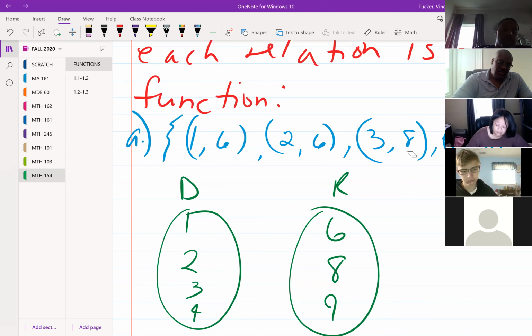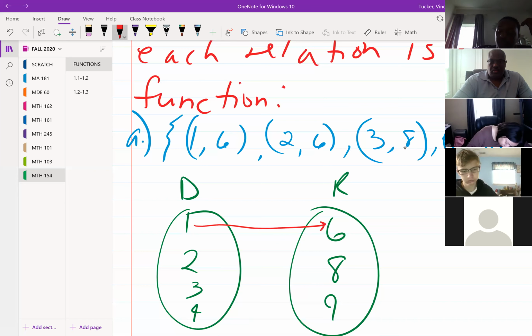So what we can do is create this mapping of your domain and range. In our domain, we have 1, 2, 3, 4. In our range, we have 6, 8, 9. And so we have to ask ourselves, does each value in the domain go to exactly one value in the range?